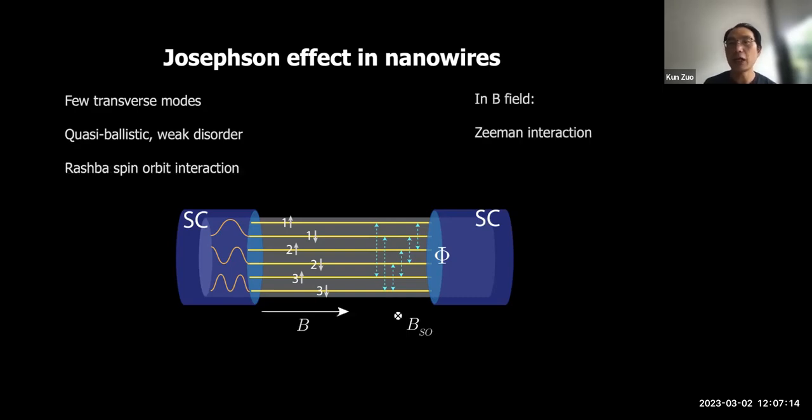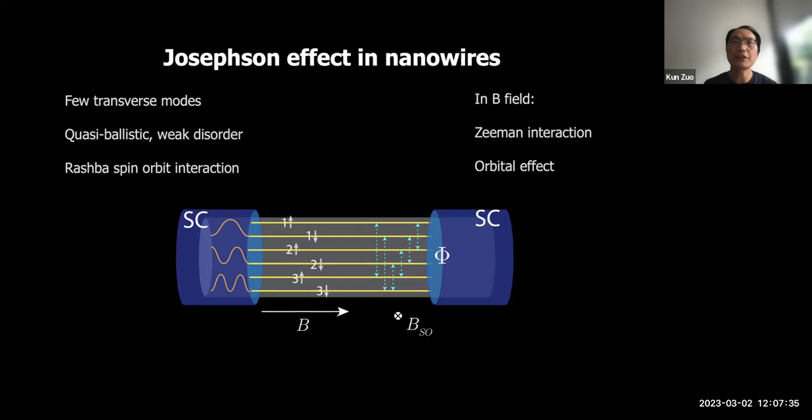Now if you apply a magnetic field to your Josephson junction, then you can also bring the Zeeman interaction into account. And since we apply a magnetic field, the magnetic field can thread through the cross section of the nanowire, which also brings the orbital effect into the system.